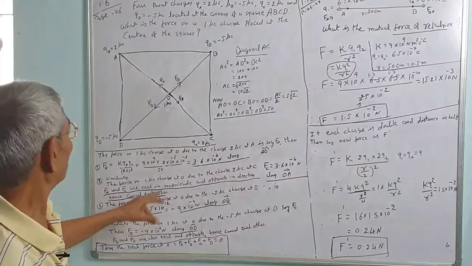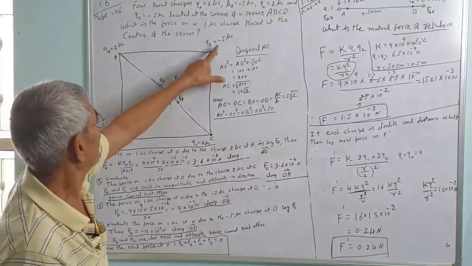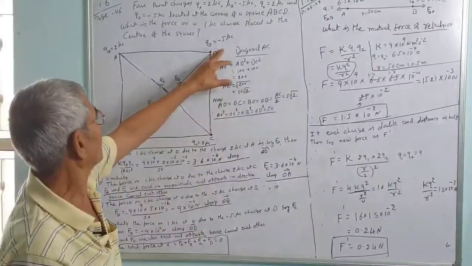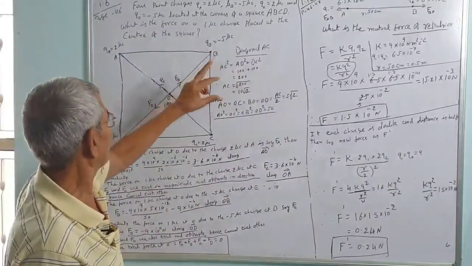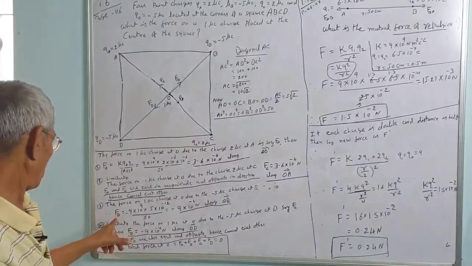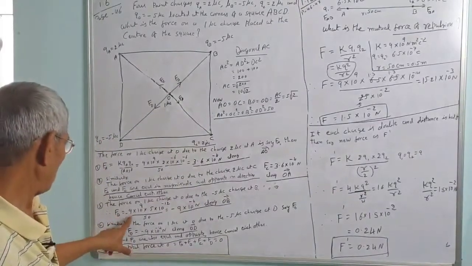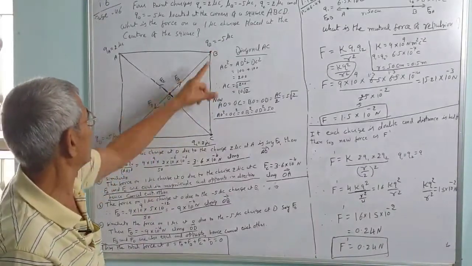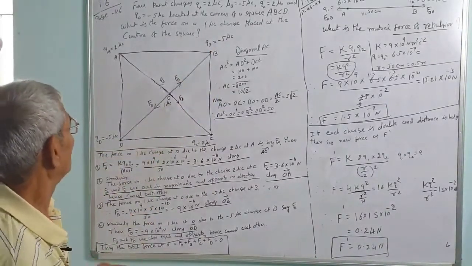Now, the force on the 1 microcoulomb charge at O due to the minus 5 microcoulomb charge placed at B, say FB. Because one charge is positive and the other negative, the force is attractive.